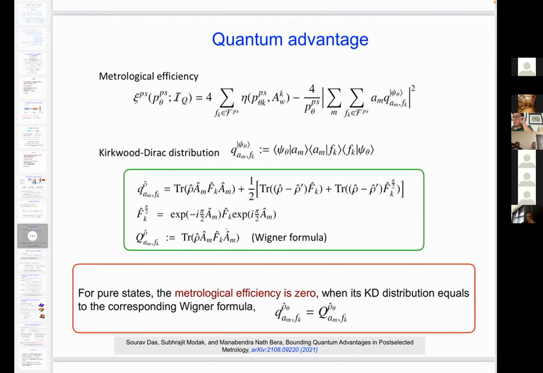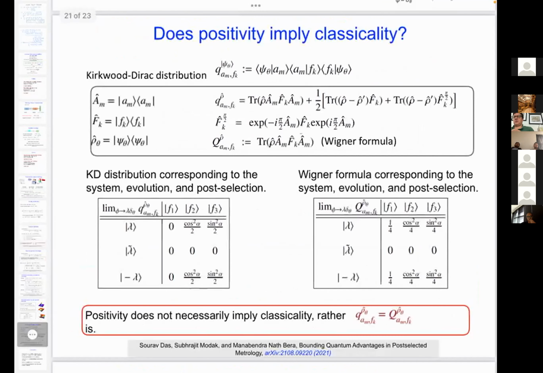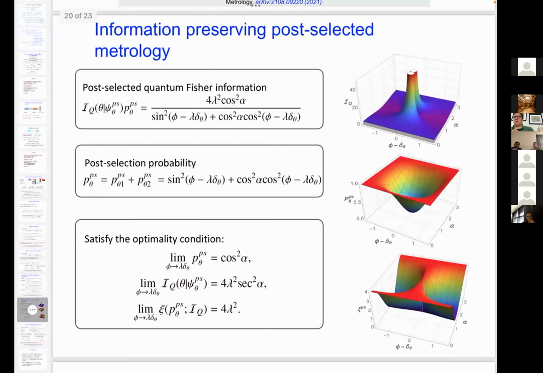Right? You want to get information about theta, and let's say in the best case, there are cases where you make post-selection, and what is thrown away has essentially almost no information. But I still don't see any advantage. So now you can see the advantage.